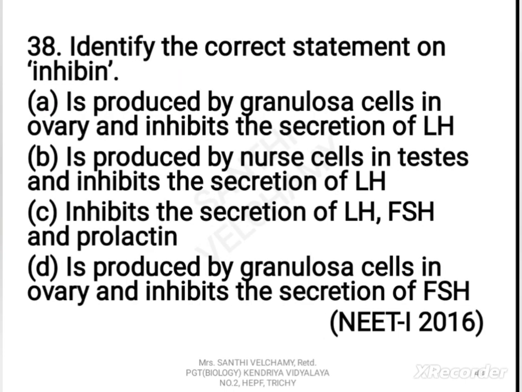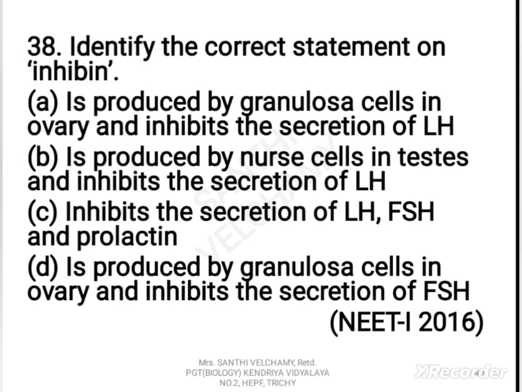Next one, identify the correct statement on inhibin. A is produced by granulosa cells in ovary and inhibits the secretion of LH. B is produced by nurse cells in testis and inhibits the secretion of LH.